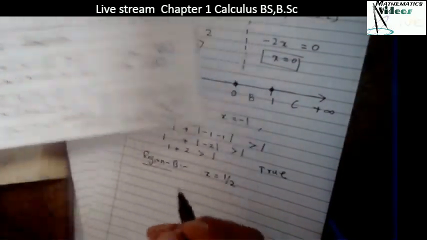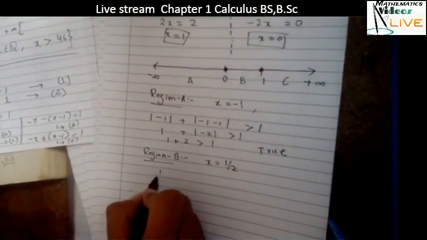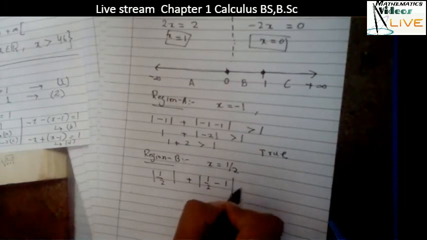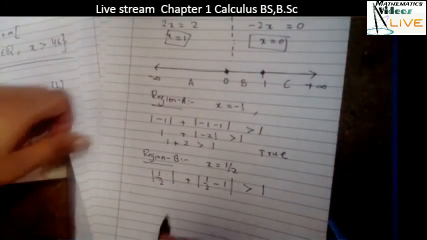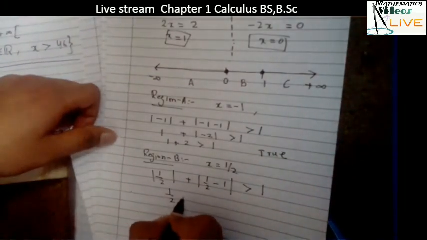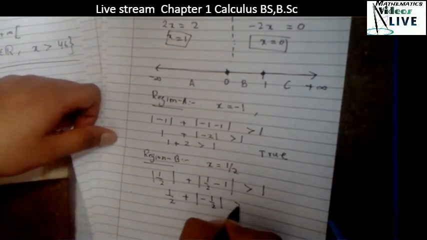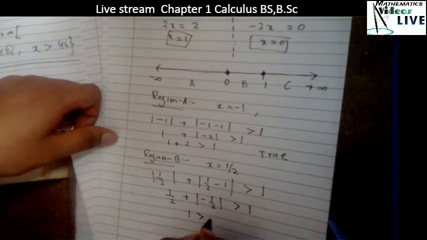Secondly, we will check region B. In region B, we have to take one of the points between 0 and 1. It can be x is equal to 1 by 2.